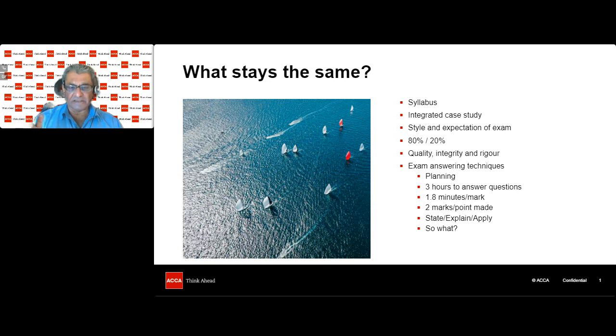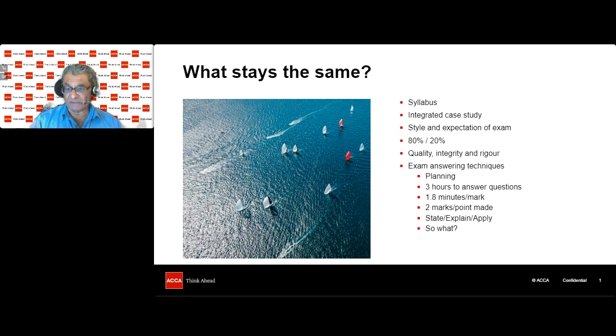Integrated case study, yes. What that means is that there's one case study which applies to all of the questions in the exam. It's not as though you have one case study per task. That hasn't changed. Style and expectation of the exam: everything we've been talking about, or will have come across in our preparation, in terms of how we present our answers, how the questions will be asked, what the examiner expects from our answers, that hasn't changed.